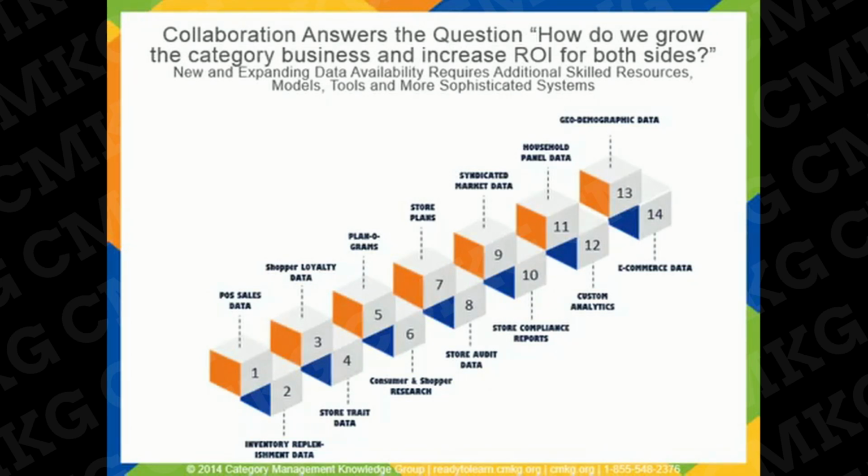Additional research capabilities are also required to study shopper behavior and develop insights, plus the need for more precise solutions such as store cluster and even store-level assortments, planograms, and merchandising programs.